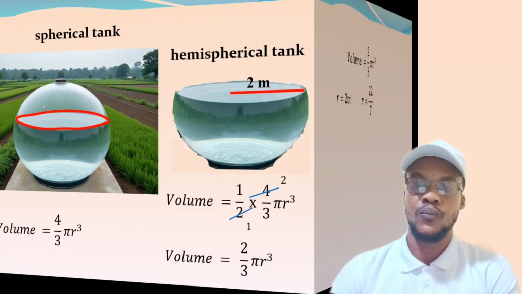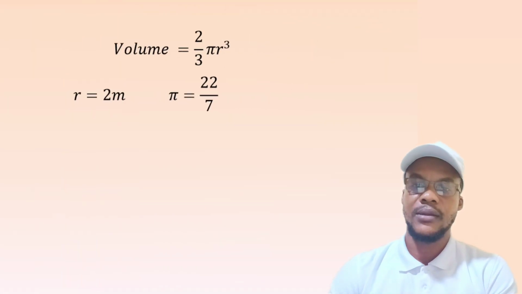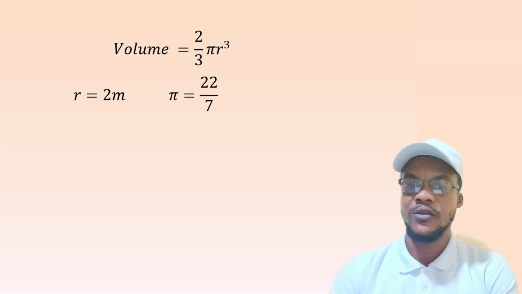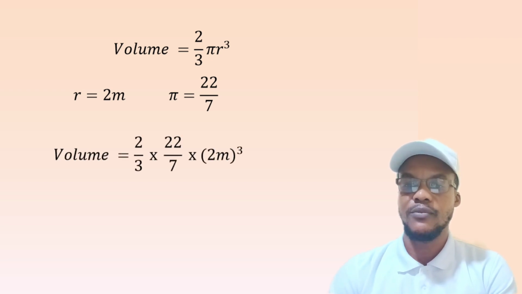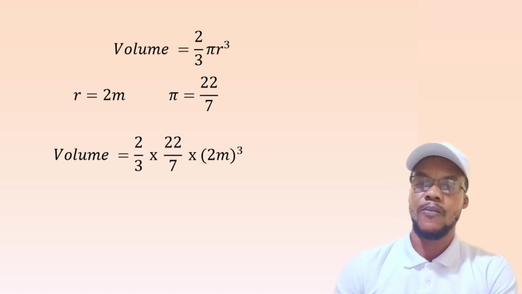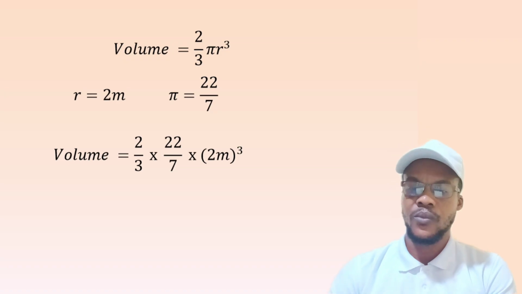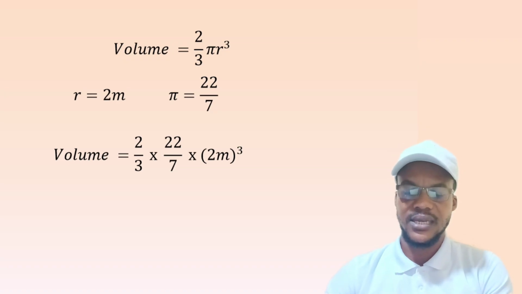Once we have the radius r as 2 meters, and pi given as 22/7, we can substitute our values: 2/3 multiplied by 22/7 multiplied by 2 meters cubed.